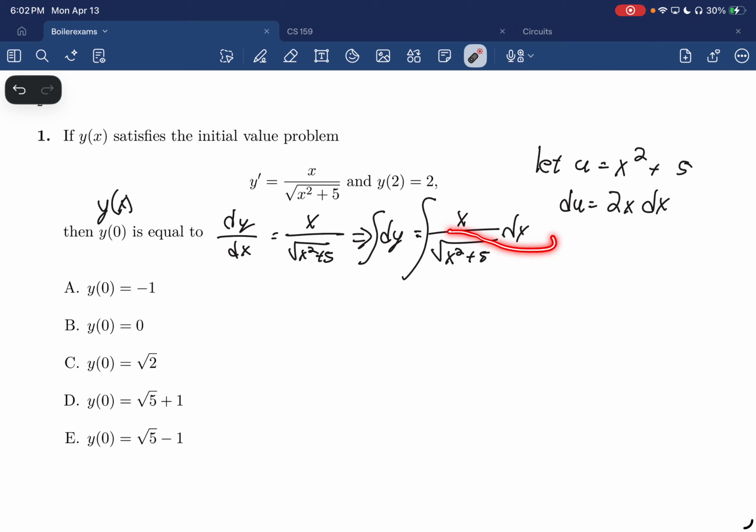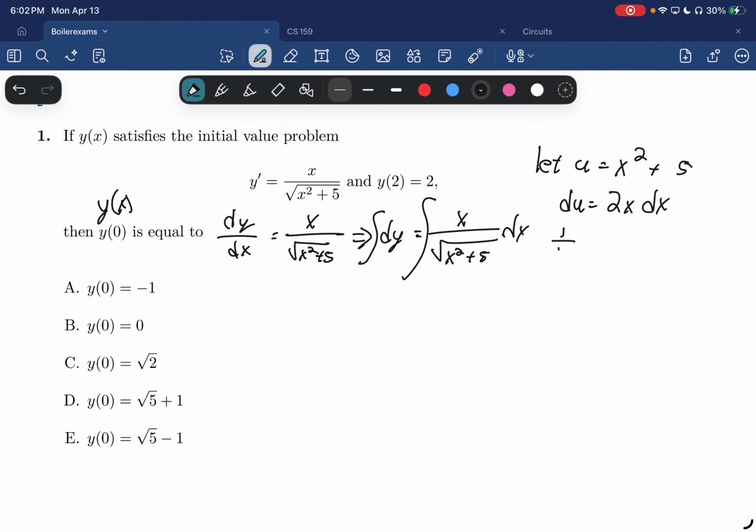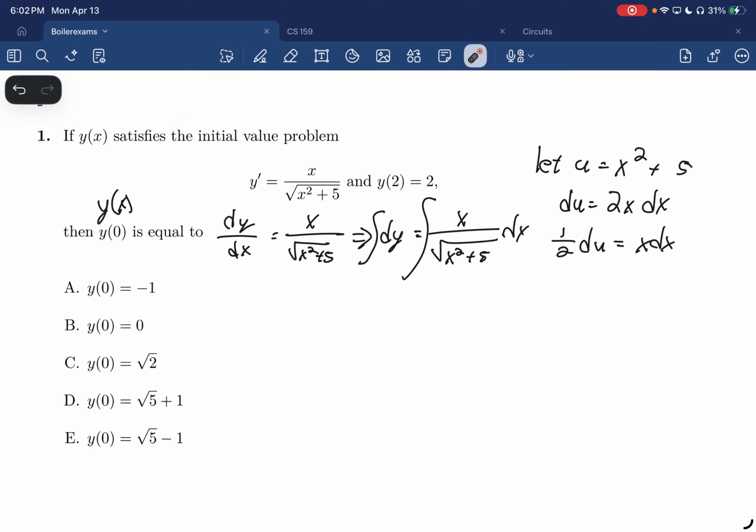This isn't entirely matched to form right now because this is x dx, this is 2x dx, but we can remedy this issue by just dividing by 2. So now we have 1/2 du is equal to x dx. Great. Now let's start plugging values into this.